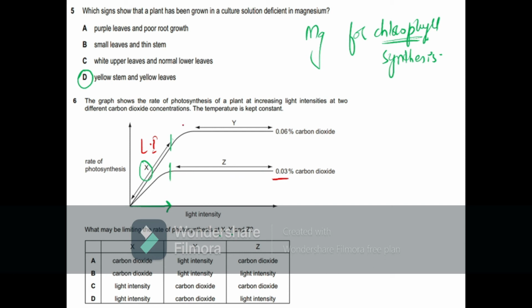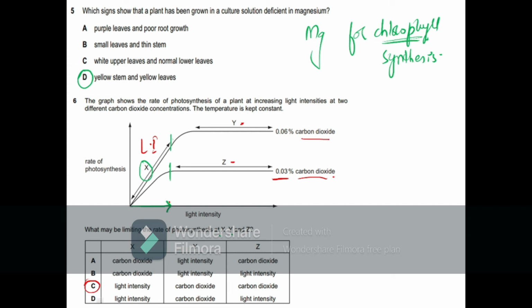But if you are increasing the carbon dioxide concentration, what will happen? The rate of photosynthesis increases and then becomes constant. So at Z and Y, what is the limiting factor? Basically carbon dioxide is the limiting factor. So which option is the right option? Option number C is the right option, that till point X, light intensity is the limiting factor.